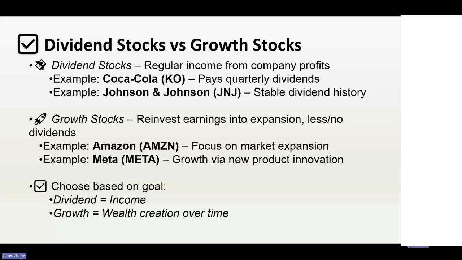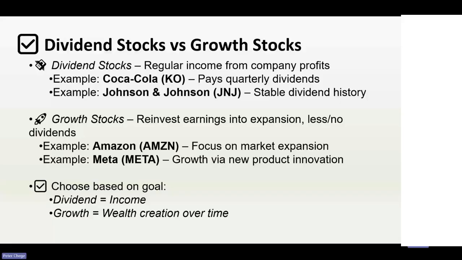The next category of stocks is growth stocks. Instead of giving dividend, they invest their profit or earnings into expansion. They either give less dividend, and most of them give dividend in the form of stocks, that is bonus shares.